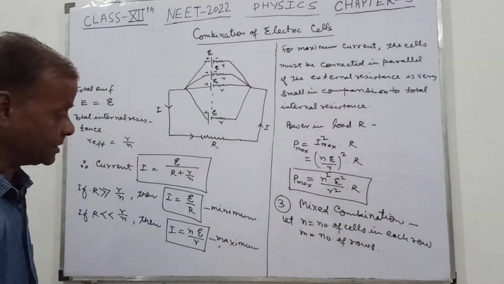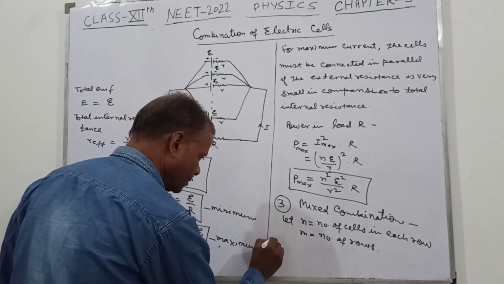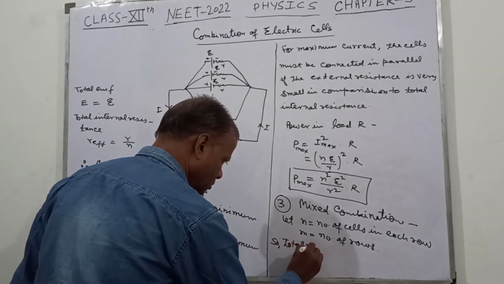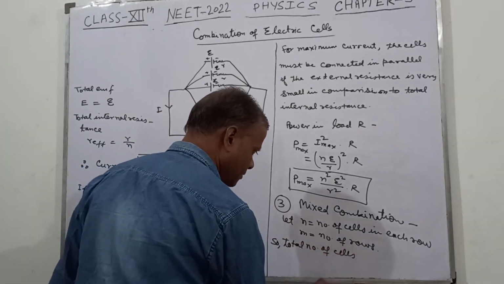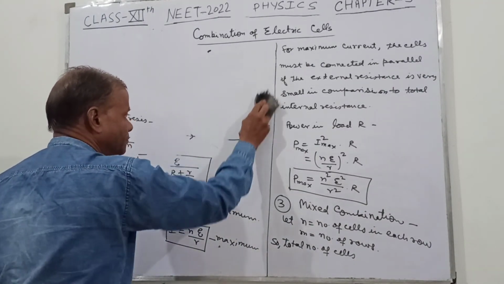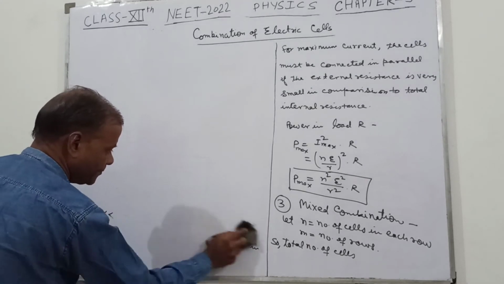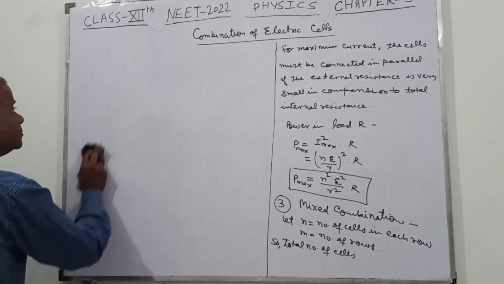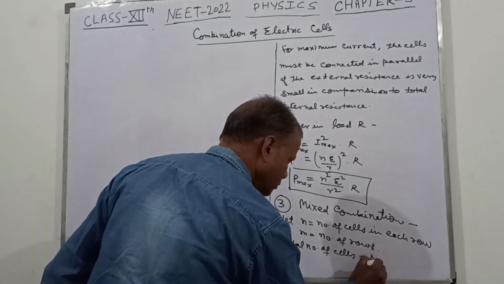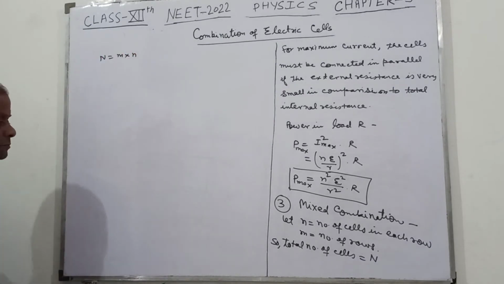So the total number of cells, capital N, is equal to m into n.